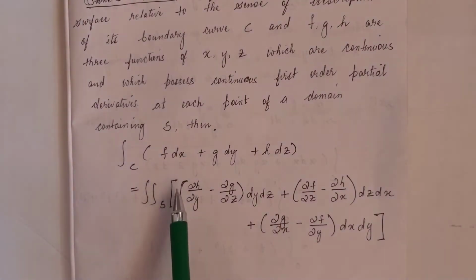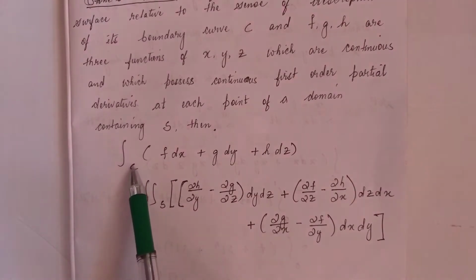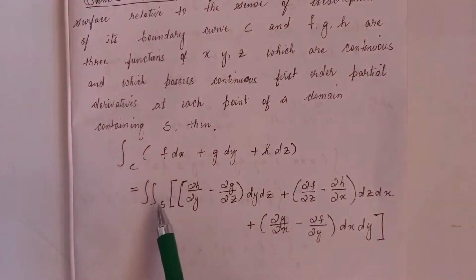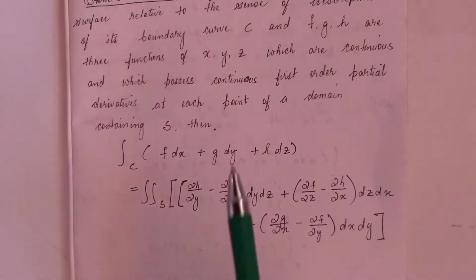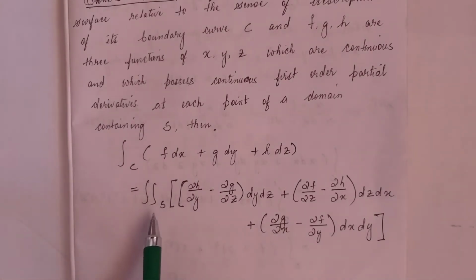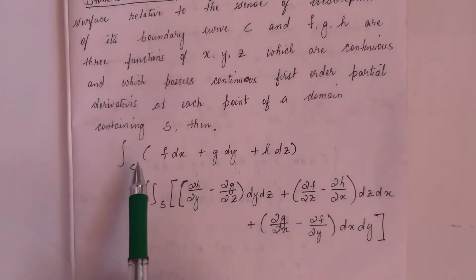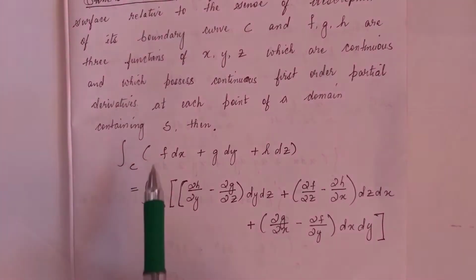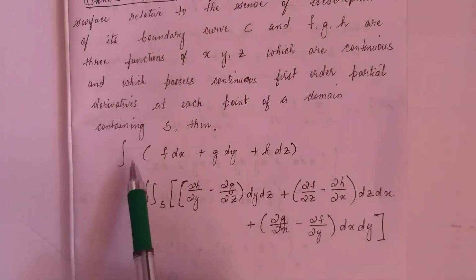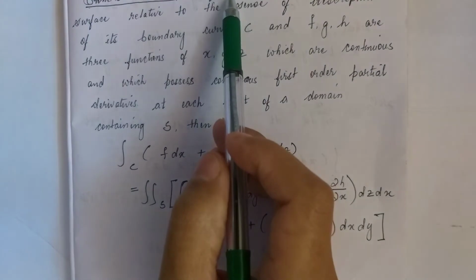In Stokes' theorem, we are going to relate the curve integral with the surface integral. If S is a surface, then the curve which we are going to integrate over will be the boundary curve of the surface S itself.